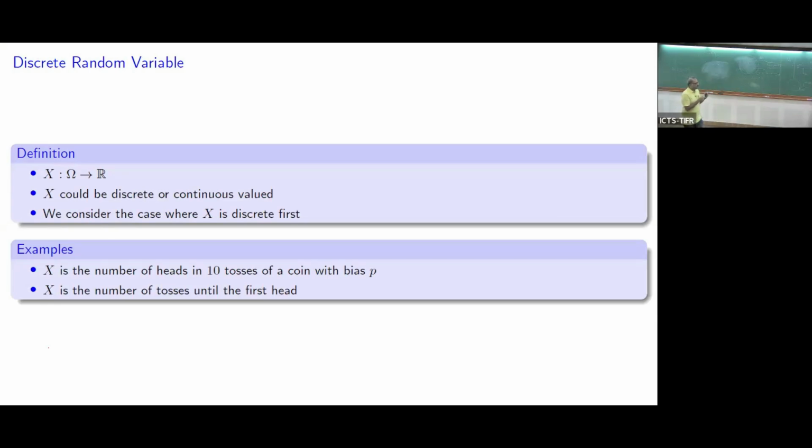In order to understand what x is and how to think about x as a function taking omega, the sample space, to r, let us try to understand what the sample space is in this case. What do you think the sample space is? We have an experiment where we are tossing a coin 10 times.